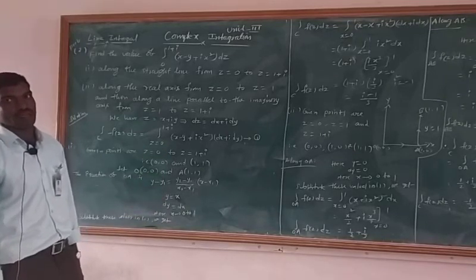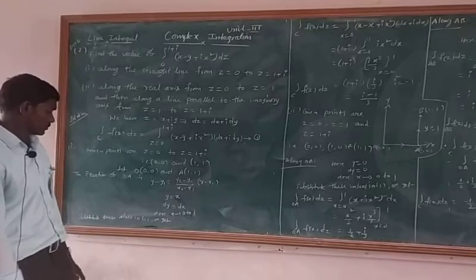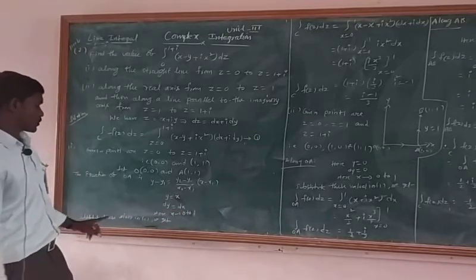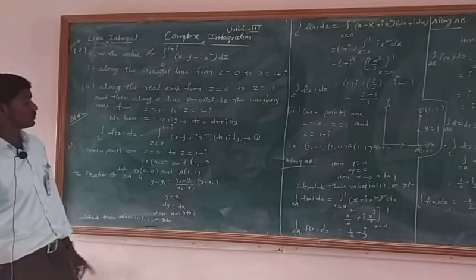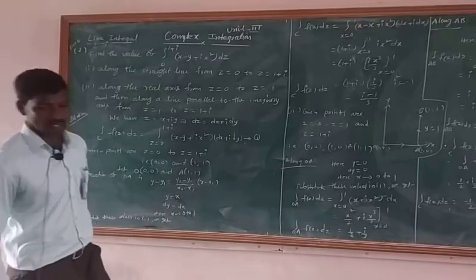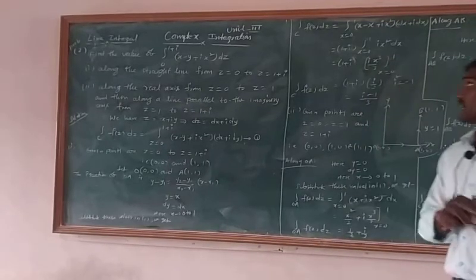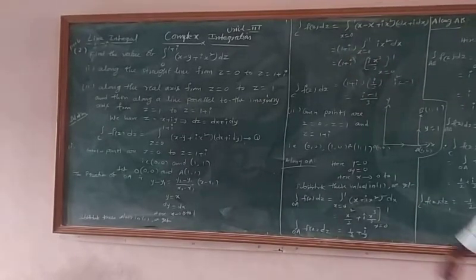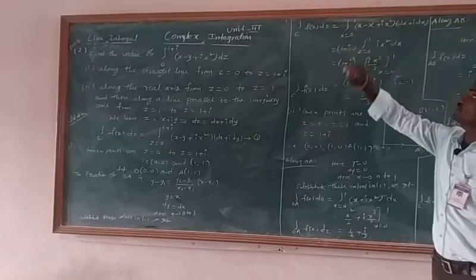That means we have to convert the integral value in terms of x only. So according to the given points, here x varies from 0 to 1. Substitute these values in equation 1. Equation 1 becomes integral over C of f(z) dz equals integral x varies from 0 to 1.